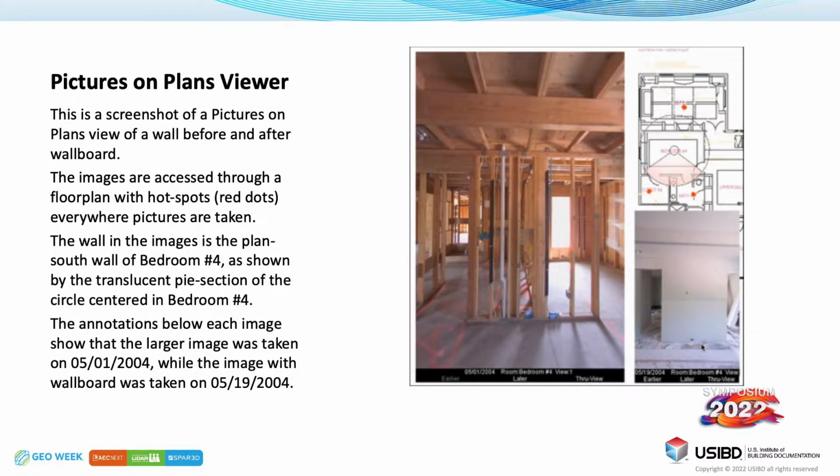In terms of a POP platform, you can see in the image here, there's a plan up in the upper right-hand corner. It has a little viewer, or a pie-shaped symbol on it, showing you the direction of the image that you see, and there are two versions of the image. The larger image was taken prior to cover, and the smaller image was taken after the sheetrock was on, and there is a pointer in that smaller image to an outlet that was covered.